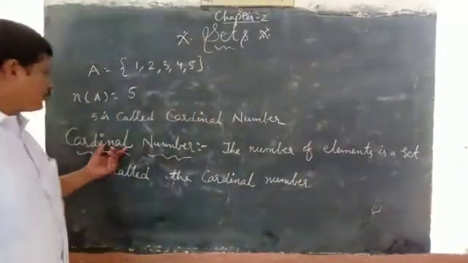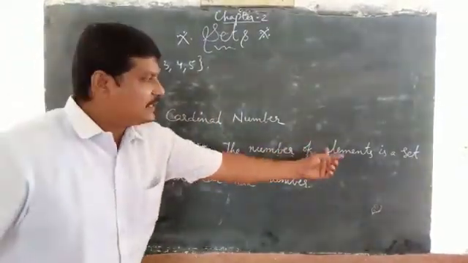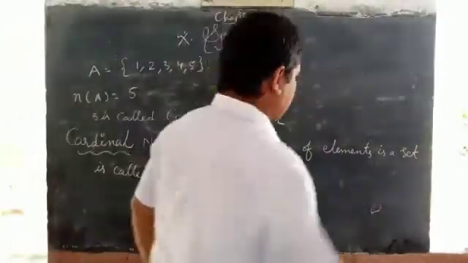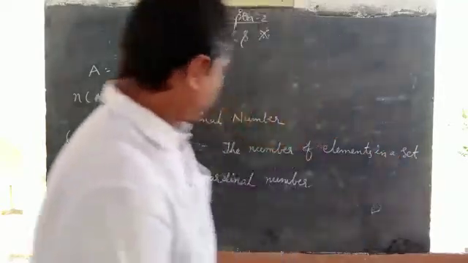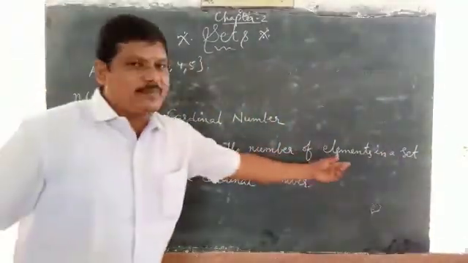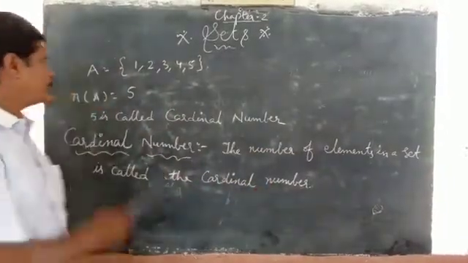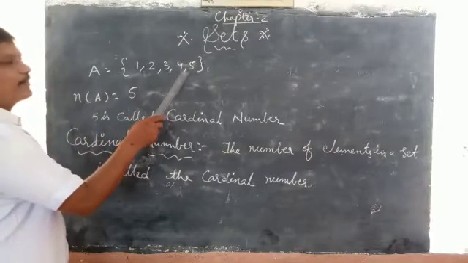Once again, what is the definition of the cardinal number? The number of elements in a set is called the cardinal number. Example, A equals set of 1, 2, 3, 4, 5.